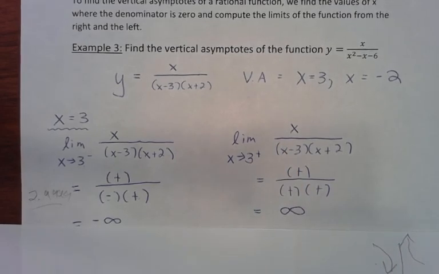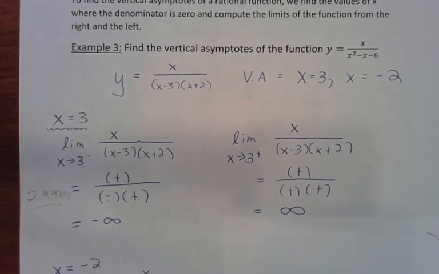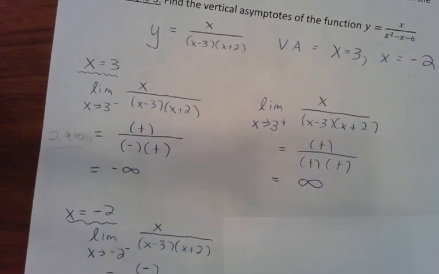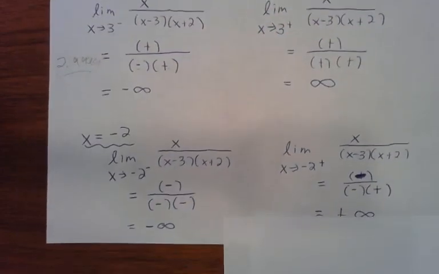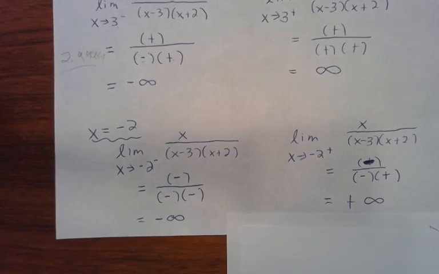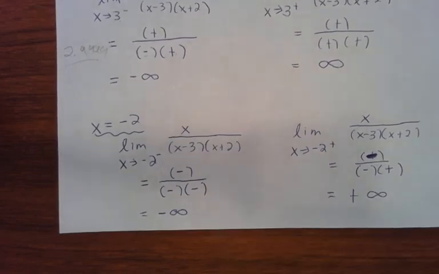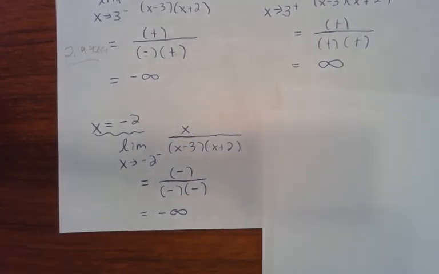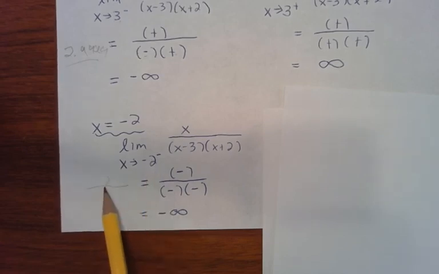And really, the exact same technique as we approach the asymptote at negative 2. Let's take a look at my work over here. So here is both of them at the same time. Maybe I'll just show you one to start. Approaching negative 2, I'm going to approach from the left-hand side first to find its behavior. What's a number just to the left of negative 2 on a number line?